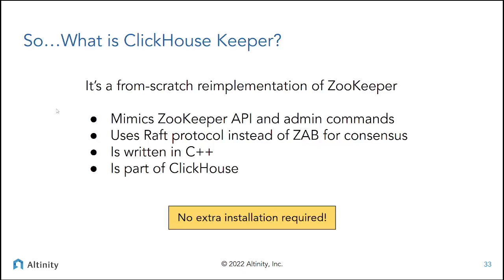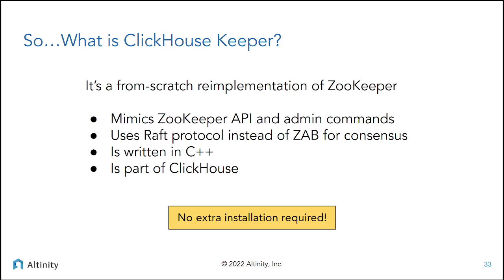What is it? Well, it's a from scratch re-implementation of Zookeeper. There were a number of choices about how to, and we'll give some reasons why many people wanted to replace Zookeeper. But basically, what it does is it more or less completely mimics the Zookeeper API as well as those little admin commands.